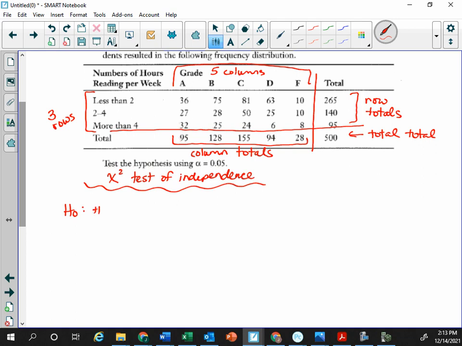So I'm going to say number of hours reading per week and grades are independent.